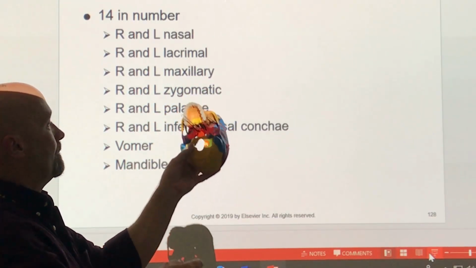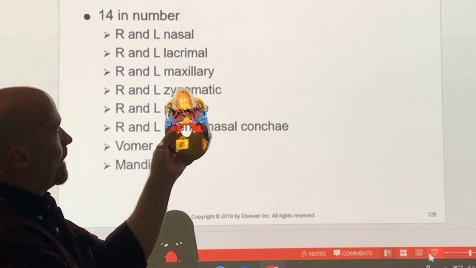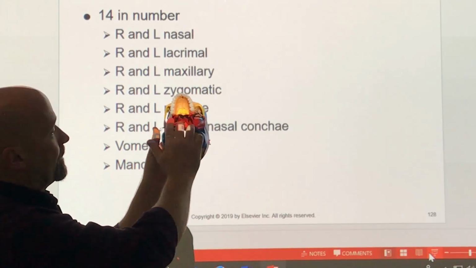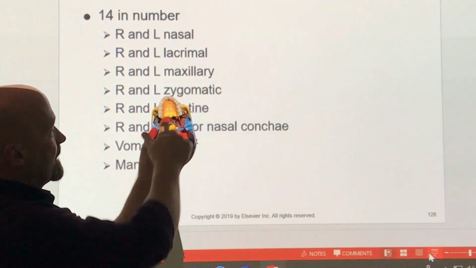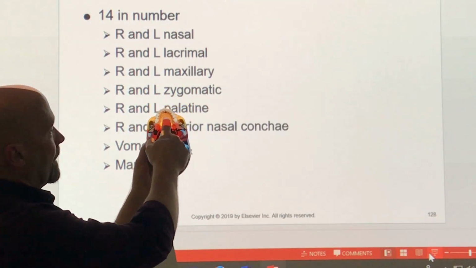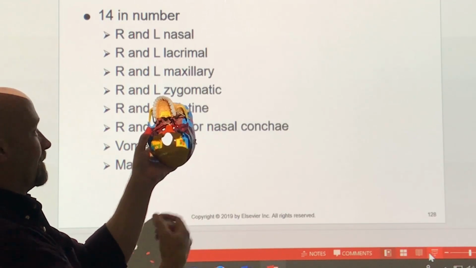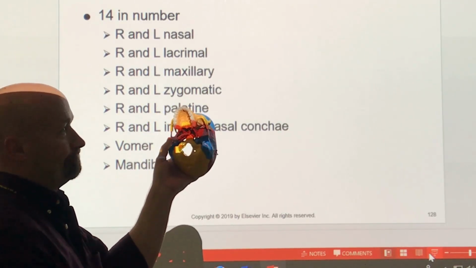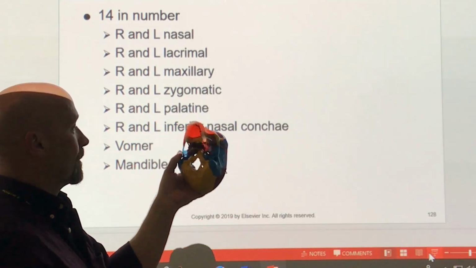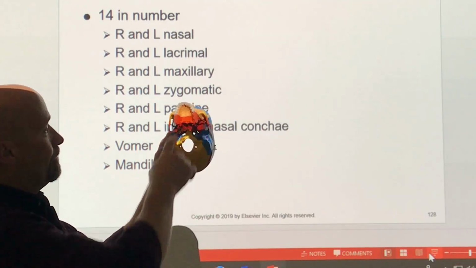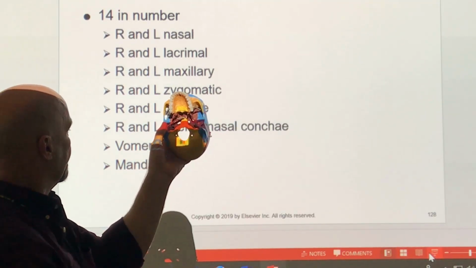You got the palatine bones, which are inside, and if you'll notice, most of what makes up your hard palate is not the palatine bone, but rather the maxilla. So the palatine bone forms about the posterior most third of, or even a quarter of the bony hard palate here.